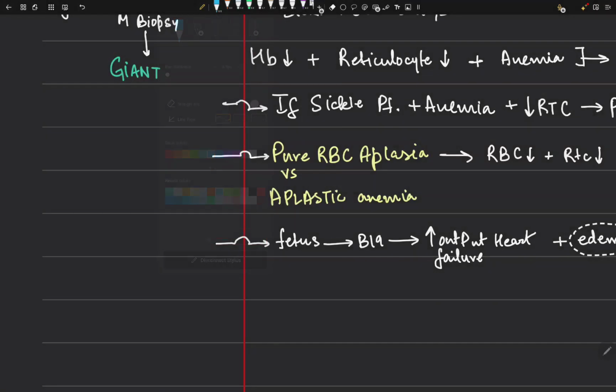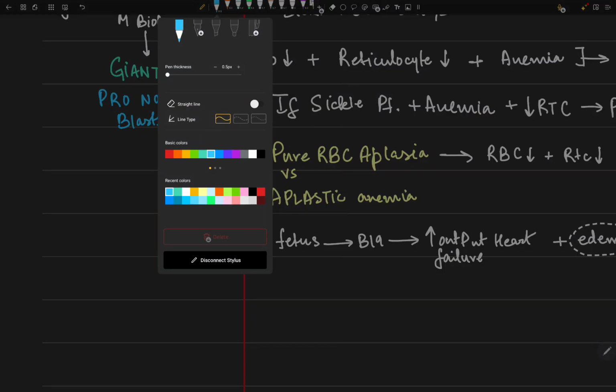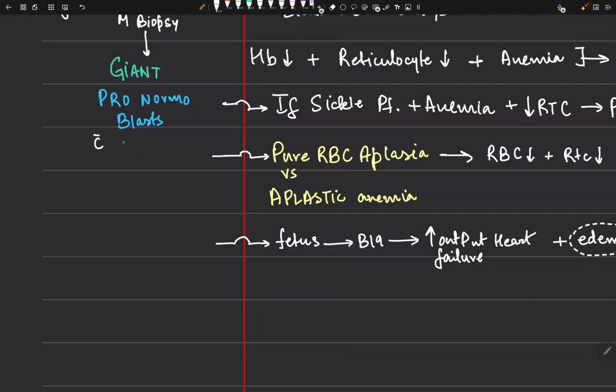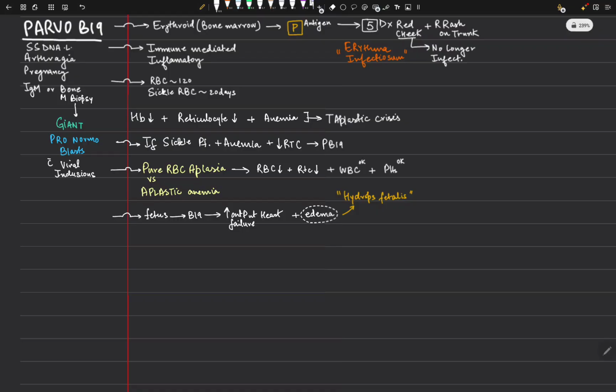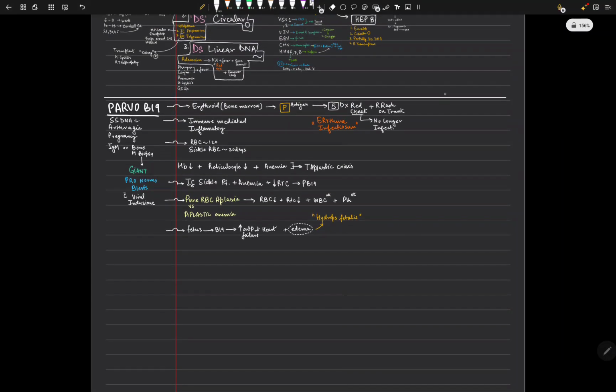We're gonna see giant pronormoblasts with viral inclusions, okay? So that's it. That's the Parvo B19.